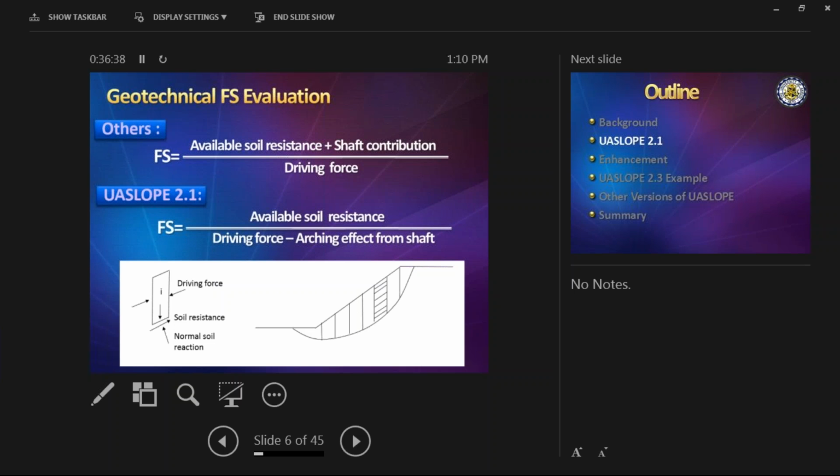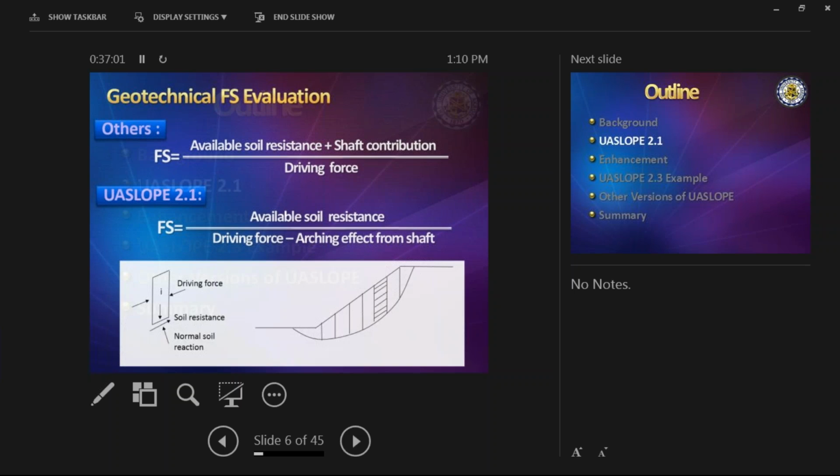So with that idea in mind, your factor of safety can be computed as the one shown in this equation, so that the driving force is reduced due to the arching effect from the spaced drill shaft. So that's the UASLOPE approach.